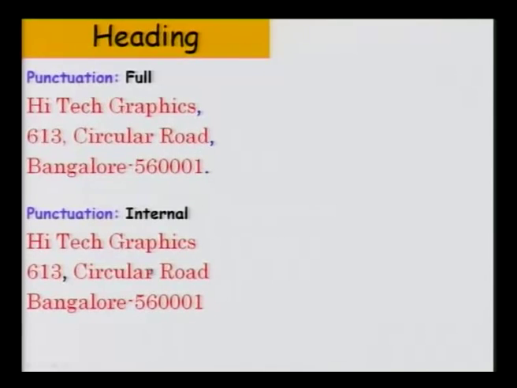So, he may feel, let me use only the internal ones where it clearly distinguishes the various components. If you look here, it is distinguishing the number from the road. Now, when it is used only inside and in a functional sense, it is called internal punctuation.